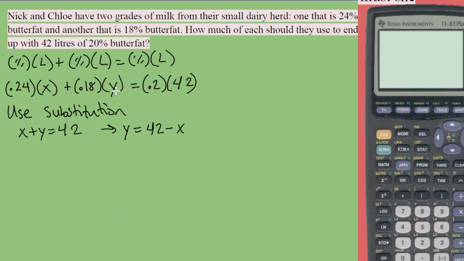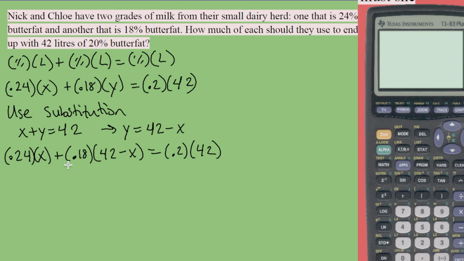So instead of writing y, I can just write 42 minus x. My equation here is 0.24 times x plus 0.18 times 42 minus x equals 0.2 times 42. So now I have one equation and one variable, and I can solve this.